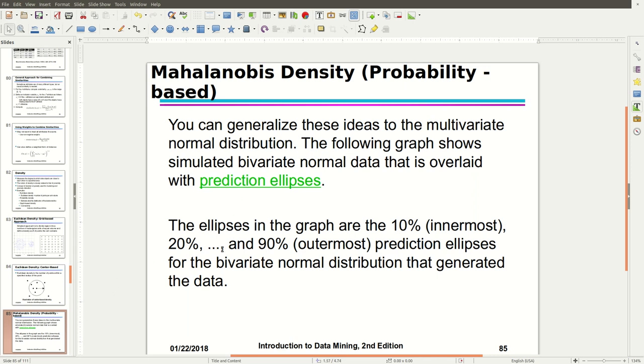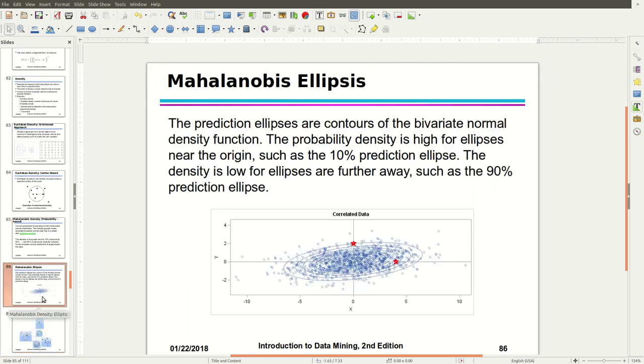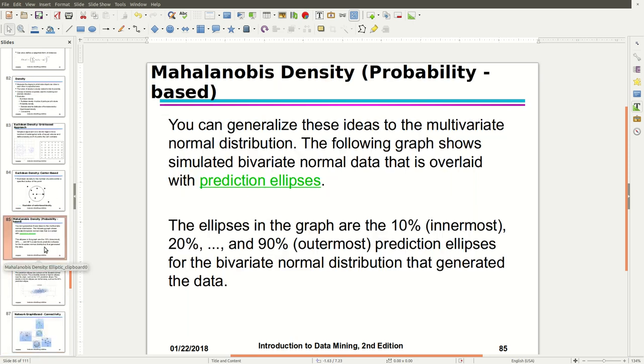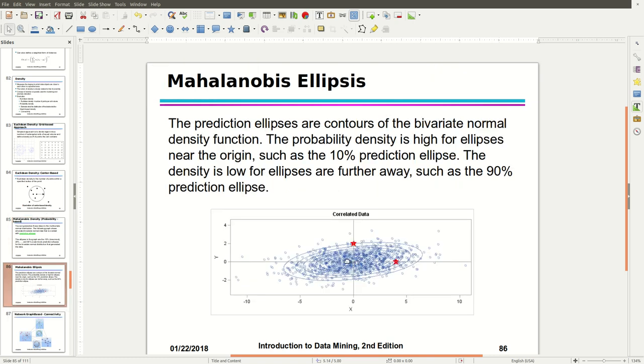The ellipses in the graph are 10%, 20%, and so on; this is our graph that we are talking about, prediction ellipses. So there are ellipses from the inner circle to the outer circle, and these ellipses line up with the correlation. It's based on distribution and also it's related to principal components.